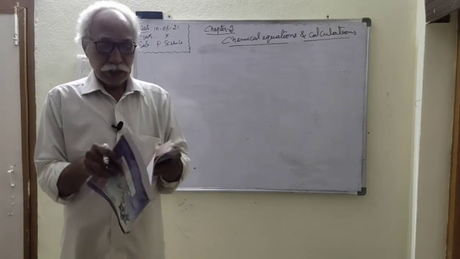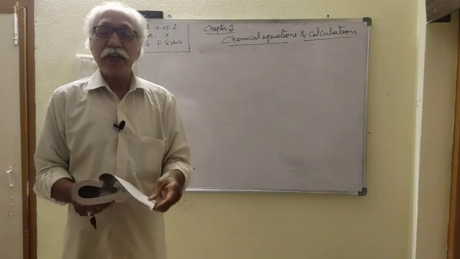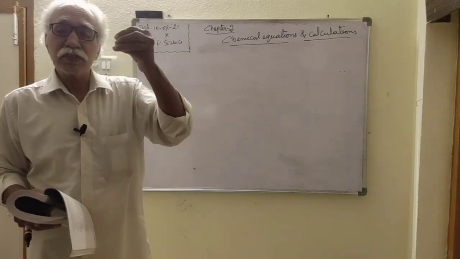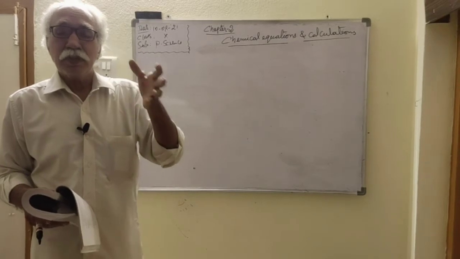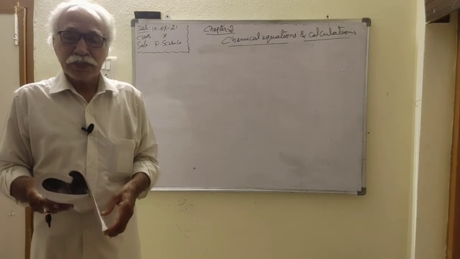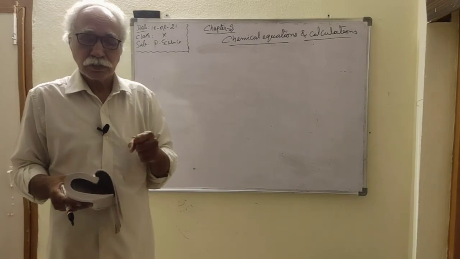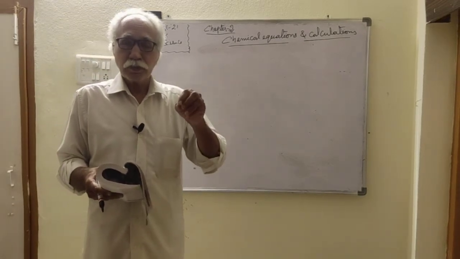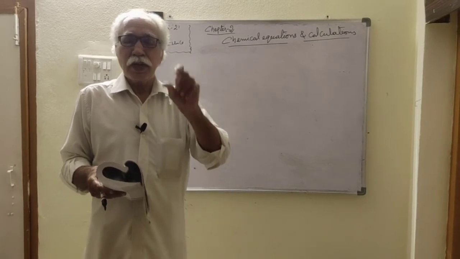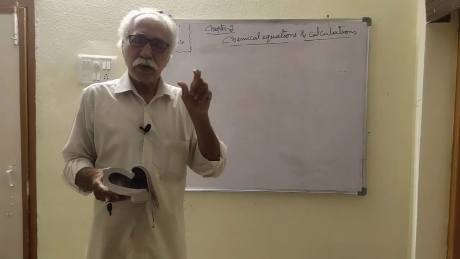Now, for these chemical reactions, if you write the names of the compounds and products every time, it is a tedious job, not easy to write these lengthy names repeatedly. Instead of writing the chemical names, we use short notation by using the formulae and symbols of the chemical components.